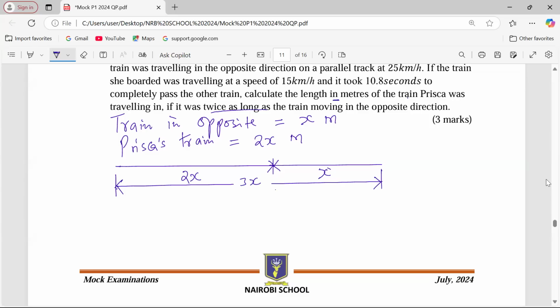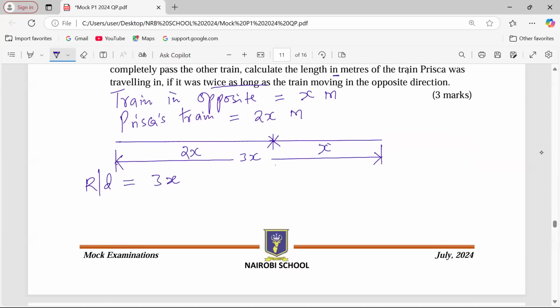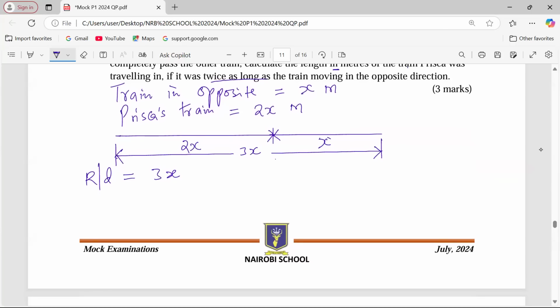So Prisca's train will move through a relative distance of 3x meters. Because they are both, not overtaking, sorry, they are passing one another. They're just meeting and completely passing one another.